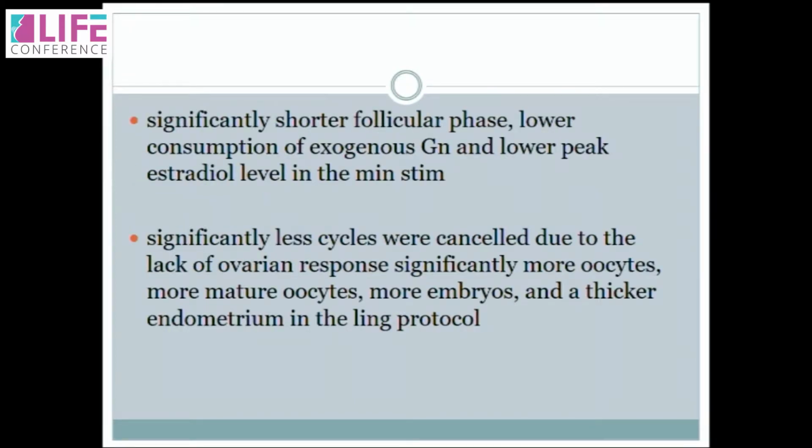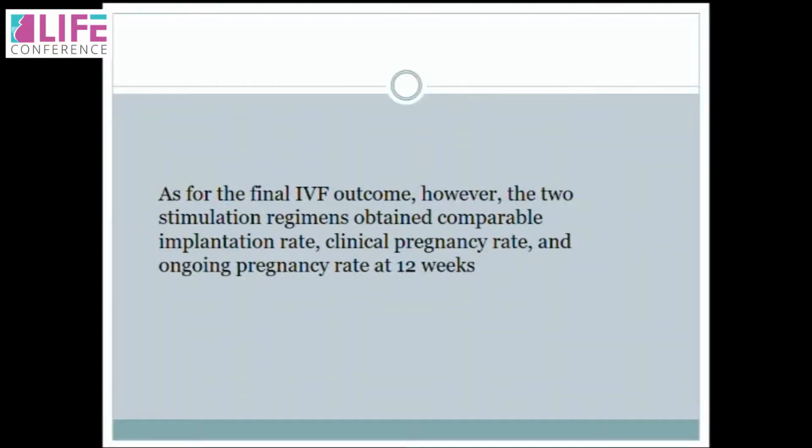They found significantly shorter follicular phase, lower consumption of gonadotropin, of course, and lower estrogen, which will always be the case with minimal stimulation, and significantly more cycles were canceled due to lack of ovarian response, and they had more embryos and thicker endometrium in the long protocol. But as for the final IVF outcome, the two stimulation regimes obtained comparable implantation, clinical pregnancy rate, and ongoing pregnancy rate, using much less gonadotropin with less stimulation.